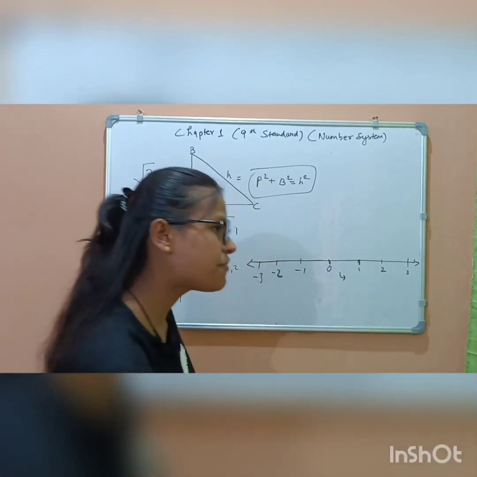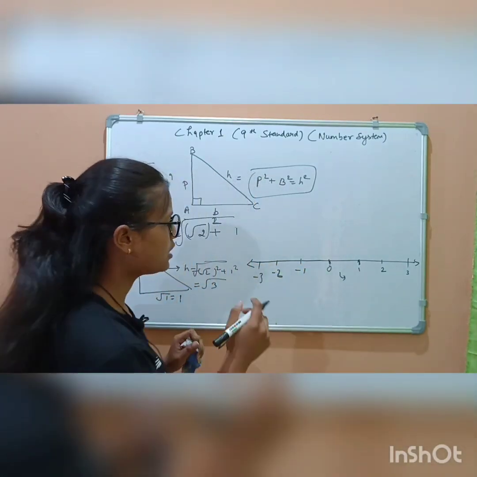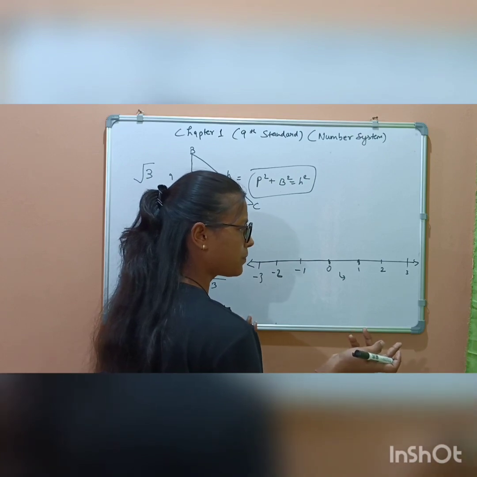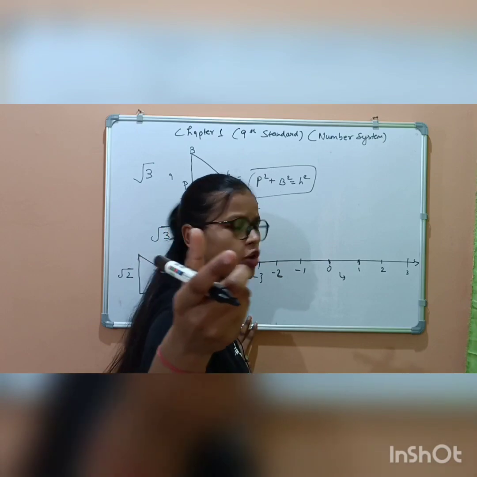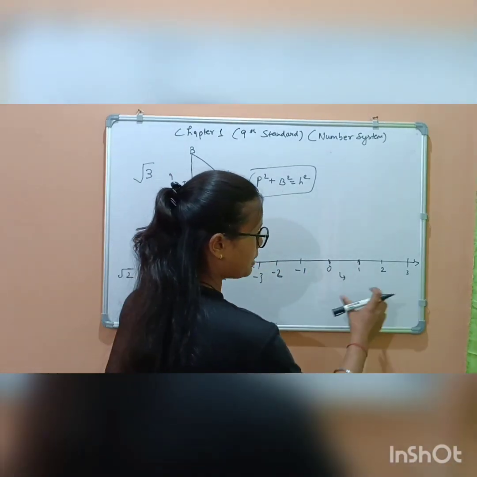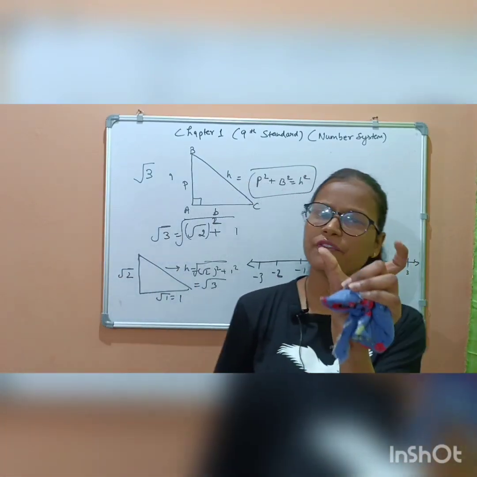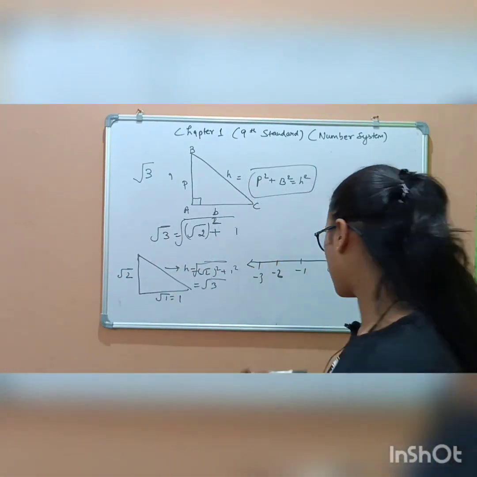If your scale is of 15 centimeter, you can open the scale for 1 centimeter. Or if you want to show the number line in a clearer way, you can open up to 5 centimeter and mark it as 1 unit.